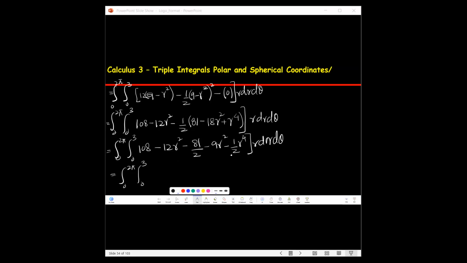These two terms can be consolidated, and then this one is going to stay wherever it is. These two will be 135 divided by 2: 108 times 2 minus 81 is 135, divided by 2. This one should be plus, minus minus plus. So I'm going to say minus 3 r squared minus 1 over 2 r to the 4.